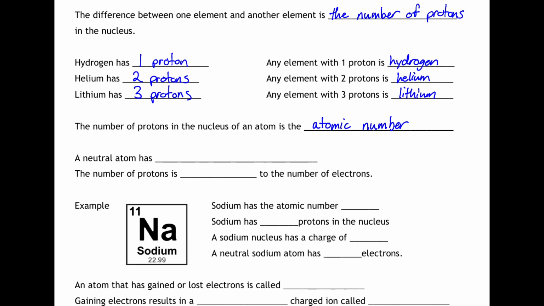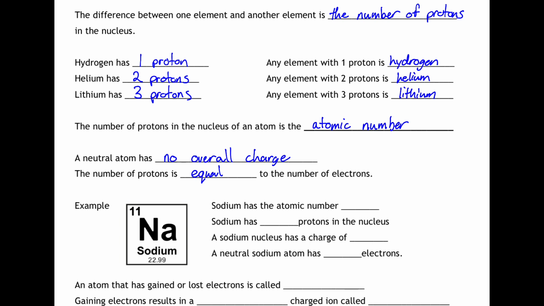A neutral atom has no overall charge, so there are no positives or negatives on a neutral atom. So the number of protons is equal to the number of electrons. A normal, everyday atom has the same number of protons as electrons because it has no overall charge.